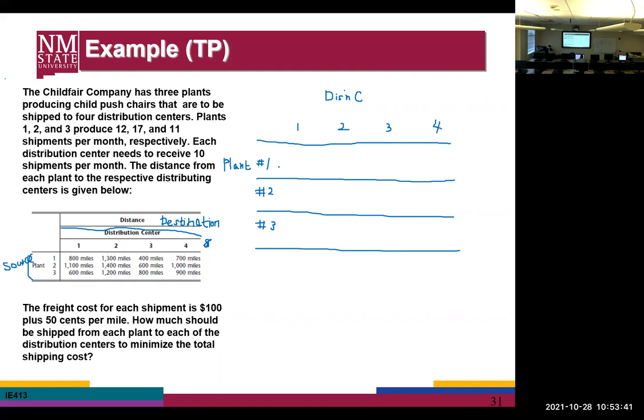So, what number are you going to put in here? I would actually put the actual cost. Right, actual cost. So right here, it's not going to be 800, right? It's going to be $740. 740. Yes, sir. Okay. The freight cost per shipment.